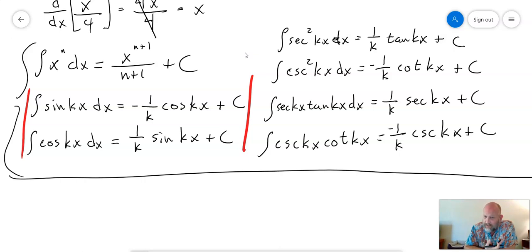So there's a few things you have to memorize, but once we have some certain ideas of how to substitute and really how to use the chain rule in reverse, that's really the idea that's going to help us the most with things. Because once we have that, we'll be able to come up with all these antiderivatives and indefinite integrals ourselves. But until then, we just have to know them or have a list.